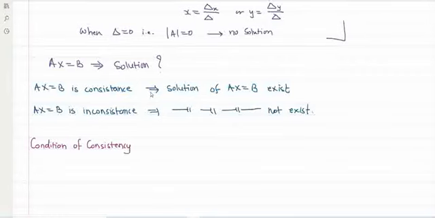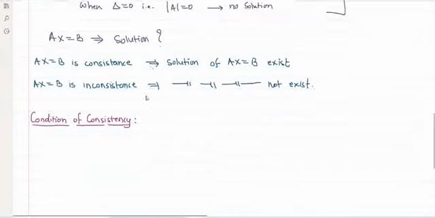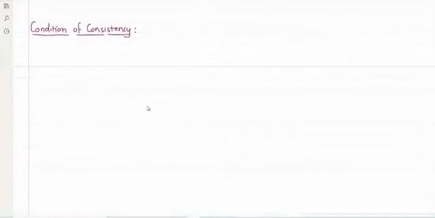Condition of consistency. So under what condition is the system of equations Ax equal to B consistent?